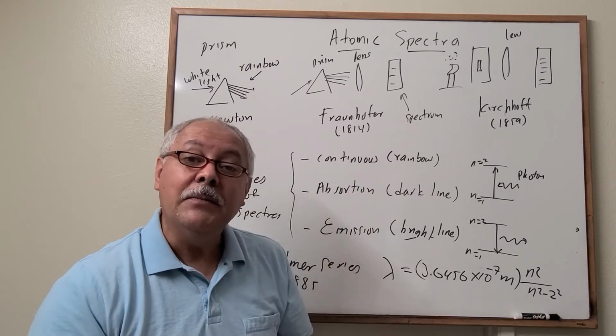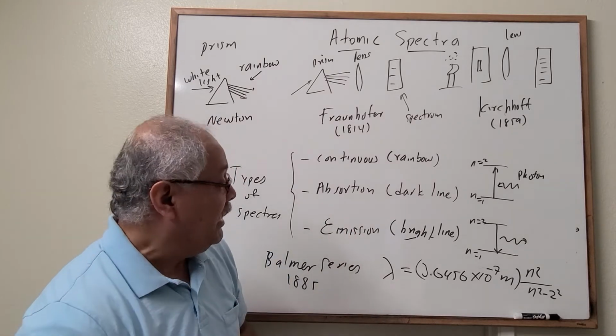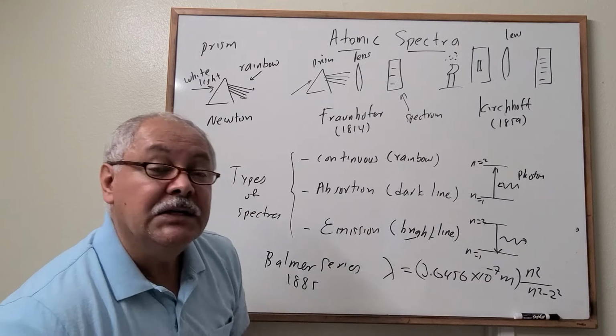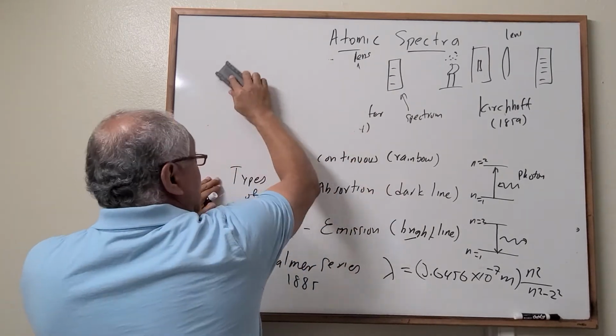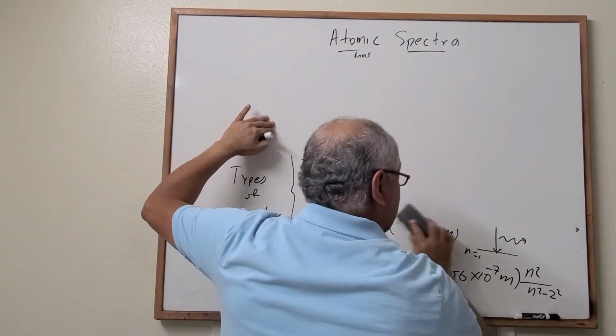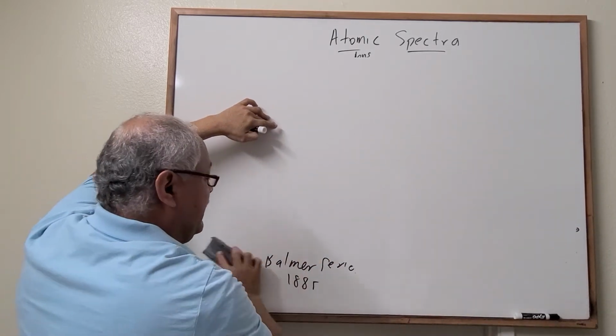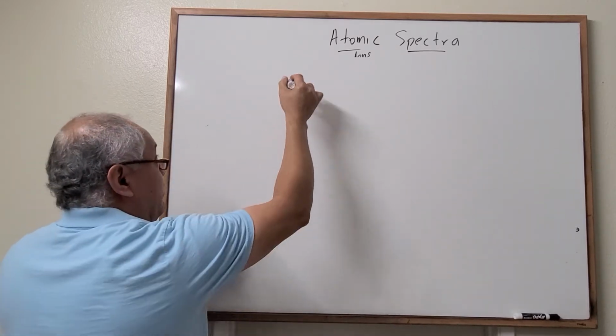Now, to get a better pattern of the wavelengths, this relationship is used, correct, to cover all the ranges of the electromagnetic spectrum. And this is again the general pattern.